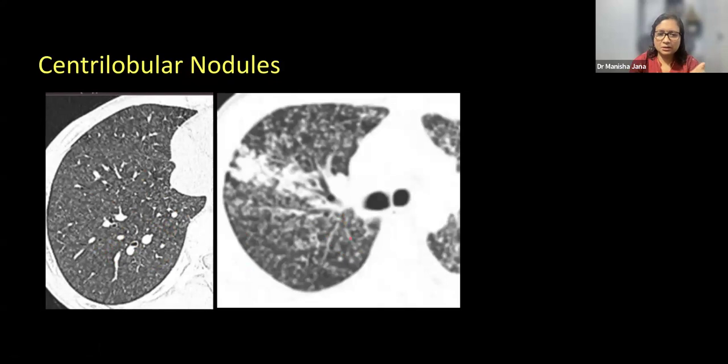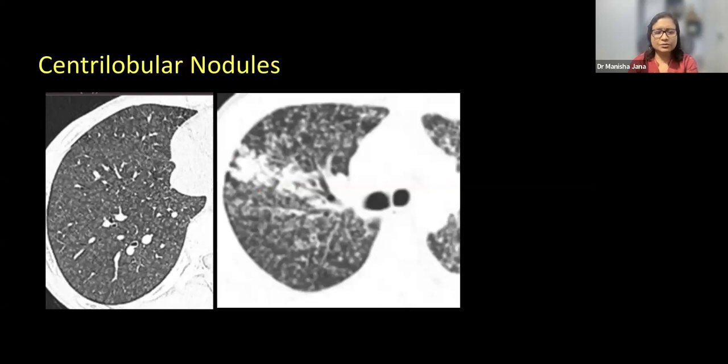Whereas in contrast, these nodules, you can draw the outline of the nodules very well. And at some places, you can see what I was showing as tree in bud. So this is a tree in bud. So this is well-defined, relatively well-defined centrilobular nodule with tree in bud. At some places, they are coalescing.